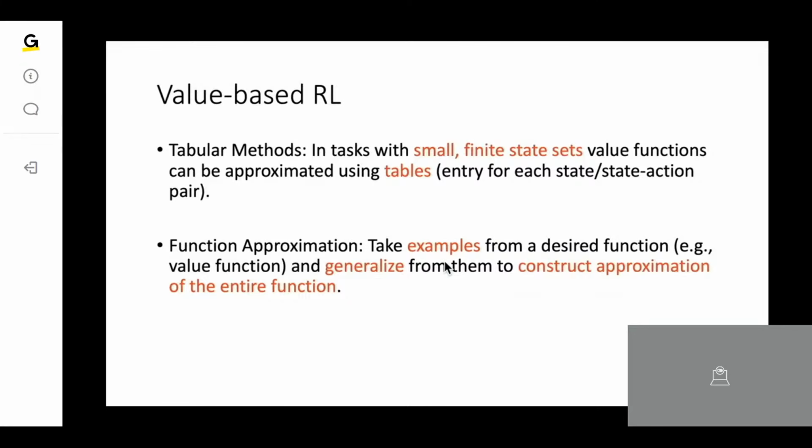So looking up Q of S comma A implies doing a forward pass on the neural network, saying: this is my state and action, please return the Q value for the state-action pair. And updating Q of S comma A, and we will see how to do that, involves learning new weights of the neural network so that the Q values gradually become closer and closer to the optimal action value function.